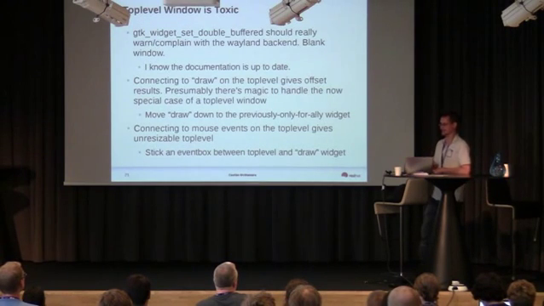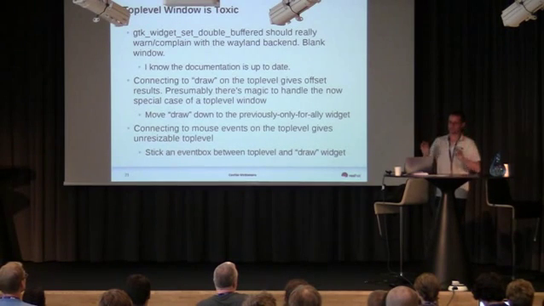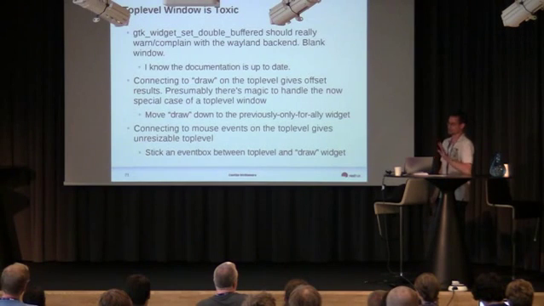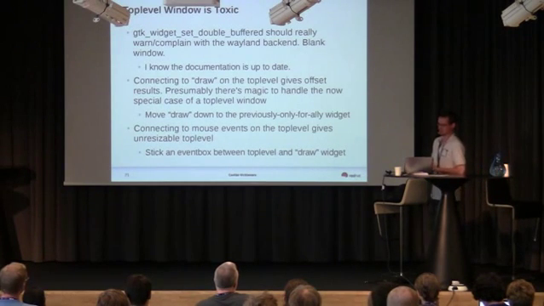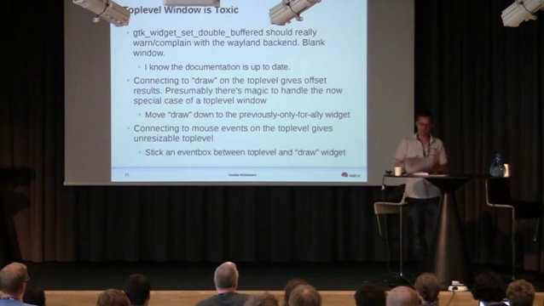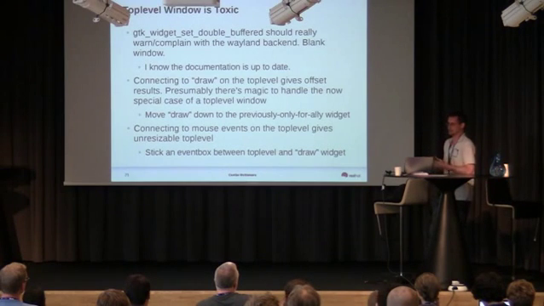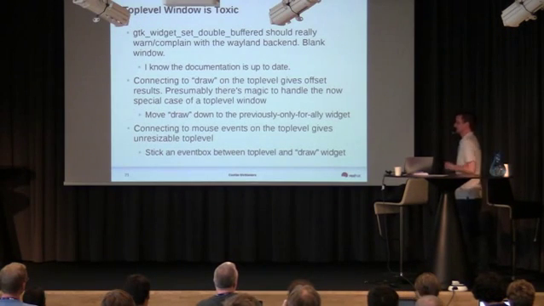And under Wayland, the entire decorations and whatnot are inside the window, so you are trying to draw underneath where the decorations appear. So it's all offset to one side. The easiest solution is that you just put a single child into it, and then you claim you look after the child and not the top level. So you do that, you get the draw event, and everything then fits into the right place.